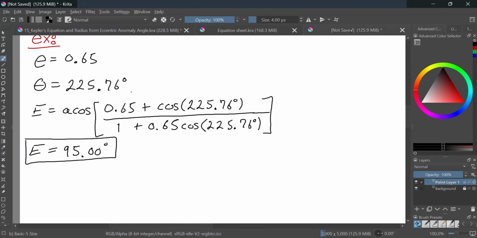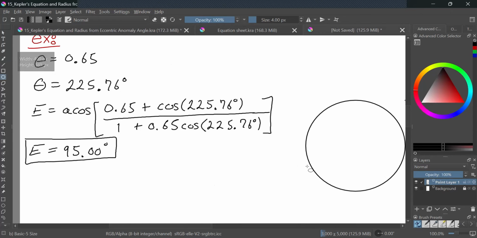So if we were to do this, which is close enough, then we have our host, the Earth, at one focal point, and we have our origin here.